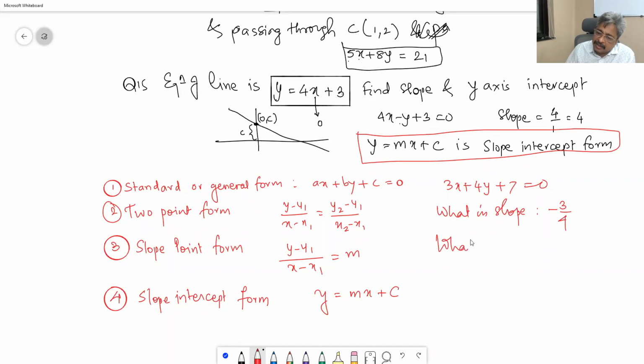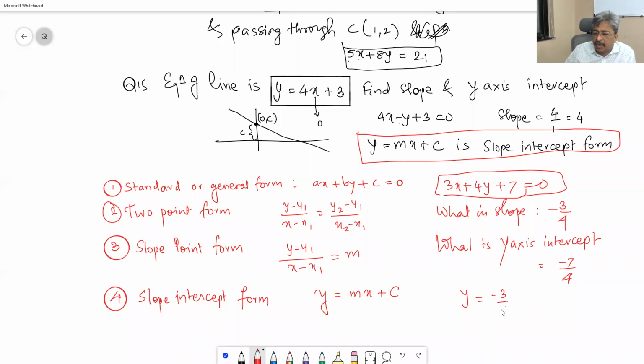What is the y-axis intercept? Put x is equal to 0, y is equal to minus 7 by 4. So how will this equation look in slope intercept form? y is equal to minus 3 by 4 x minus 7 by 4.